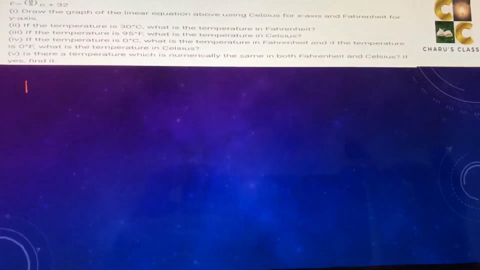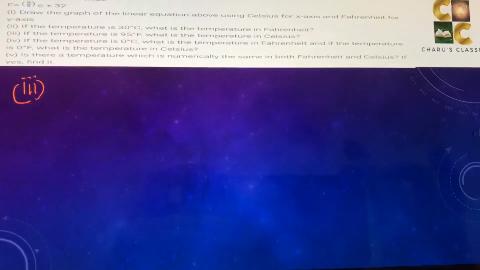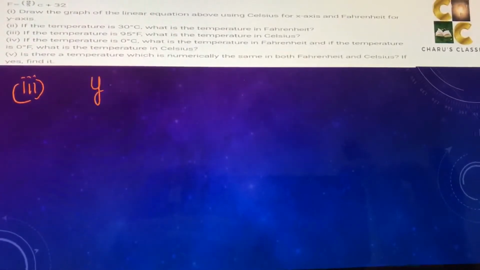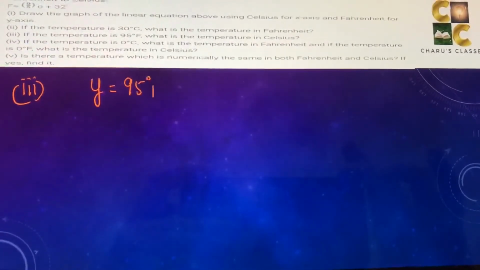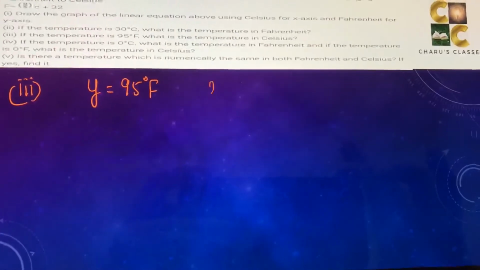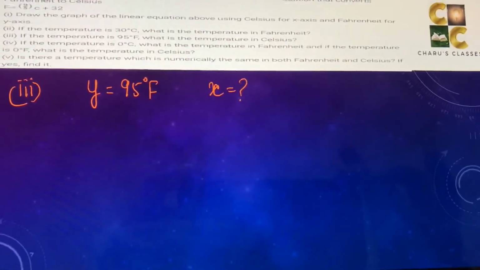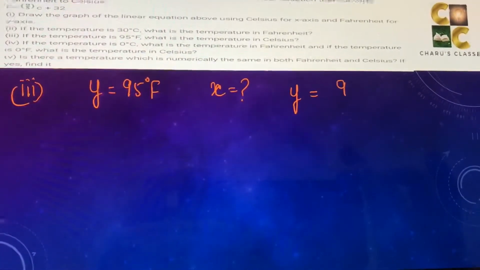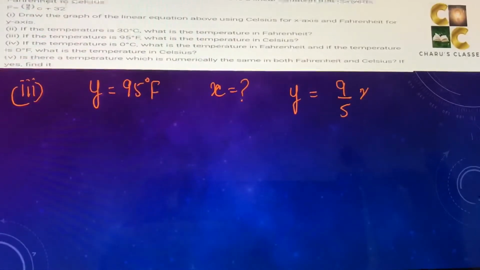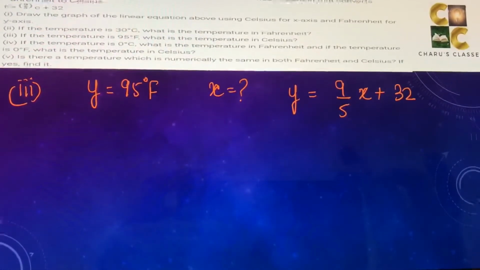Third part, if the temperature is 95 degree Fahrenheit, so y is given as 95 degree Fahrenheit, what is the temperature in Celsius? So according to the equation, y is equal to 9 by 5x plus 32.